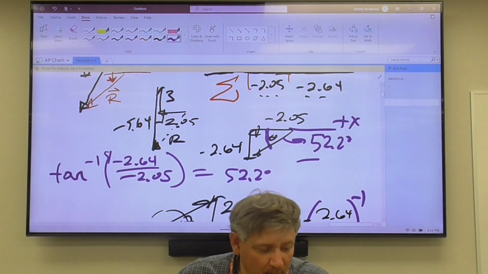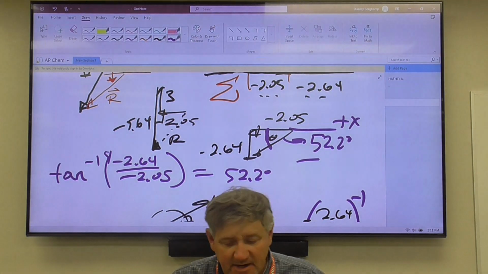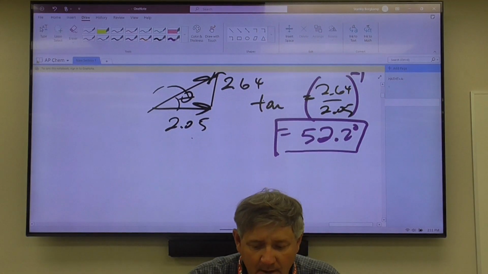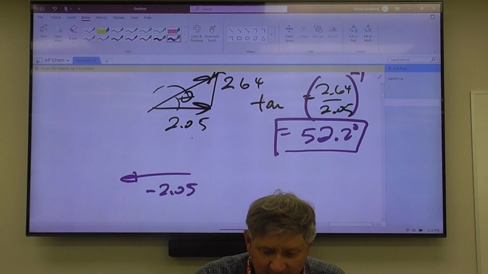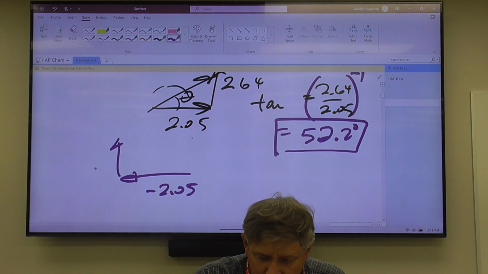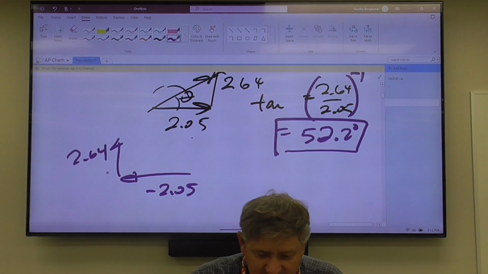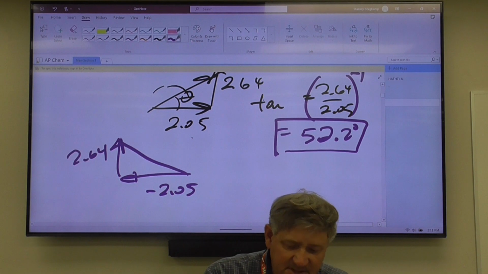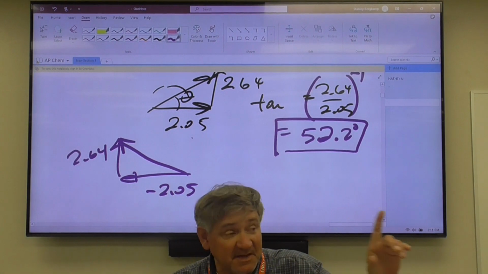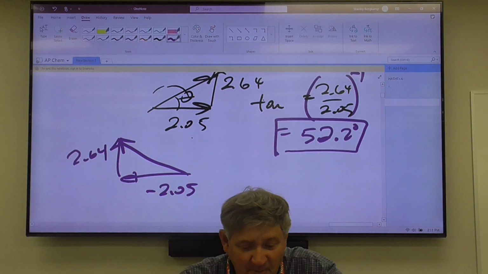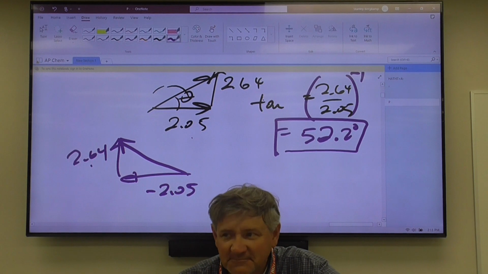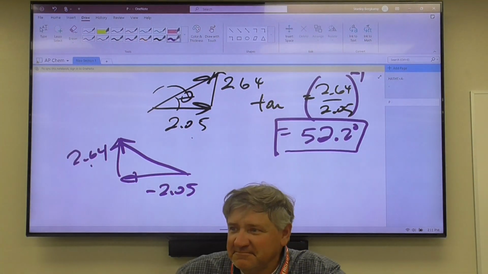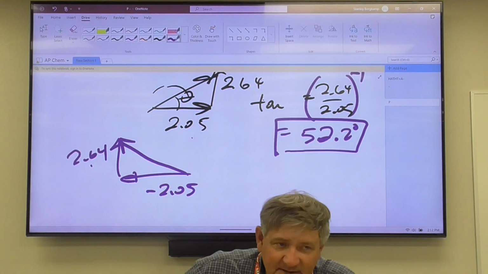So here's another situation where your calculator would lie to you. Let's say that you had ended up with negative 2.05 and 2.64, in this quadrant. Now, somebody take the inverse tangent of 2.64 divided by negative 2.05. You get negative 52.2 degrees. Can you have a negative angle?